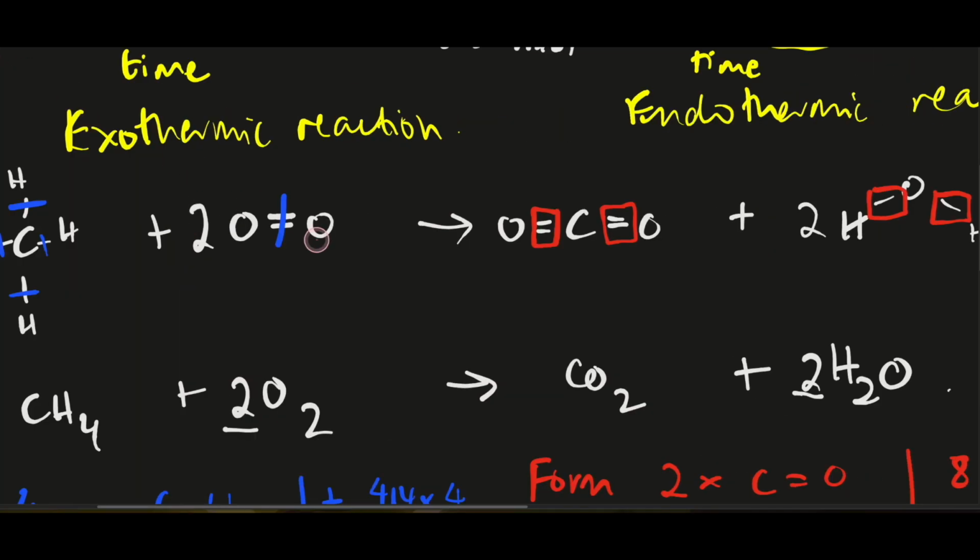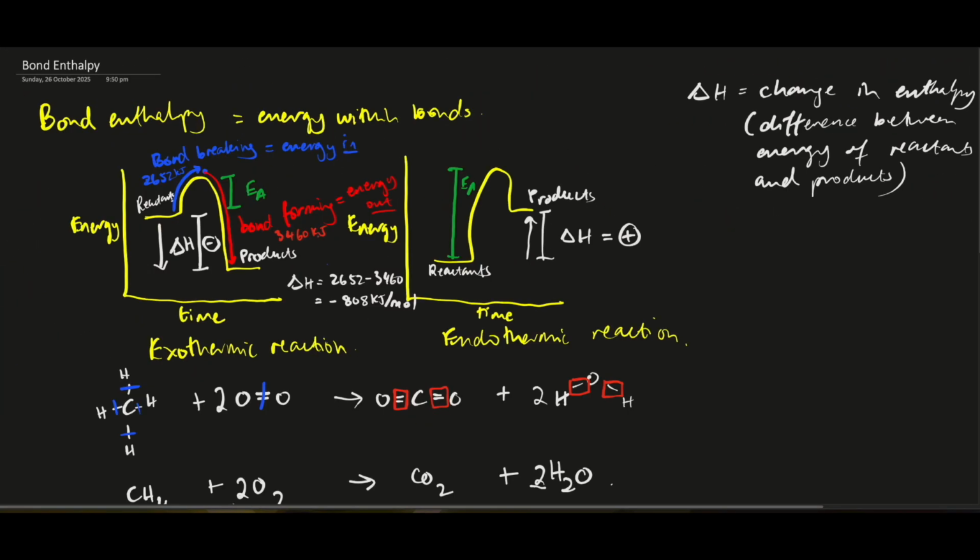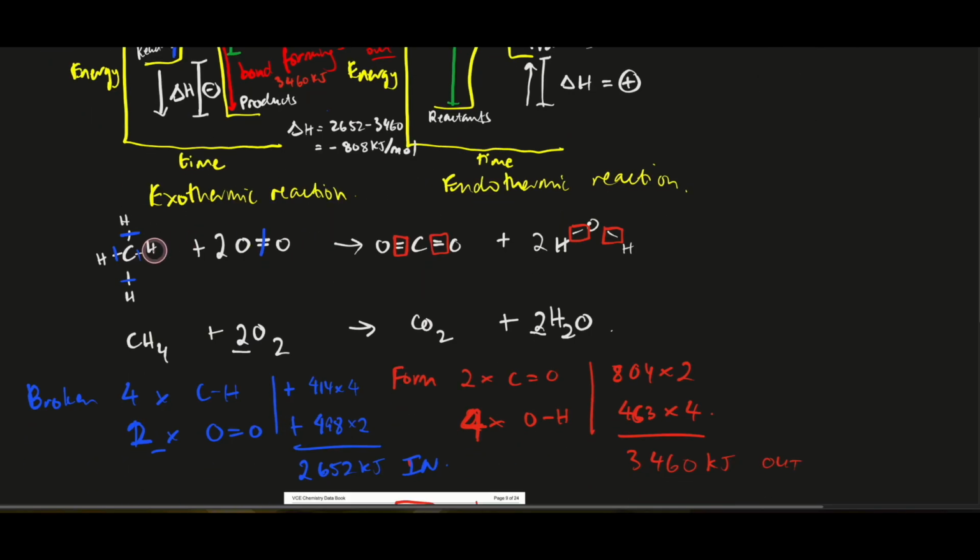Now, the important notes are, when you do this method, make sure you draw out the structural formulas of all of your reactants and all of your products. And like I showed you, it's very easy to forget to factor in these coefficients. So make sure you have the coefficients there, so you know how many bonds you are breaking and how many bonds you are forming.